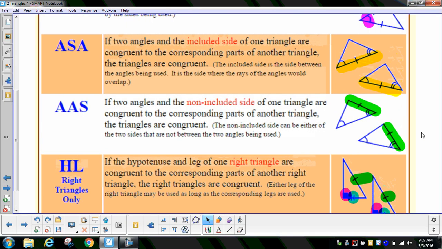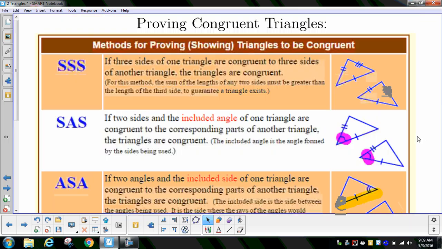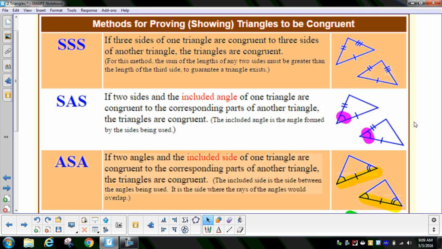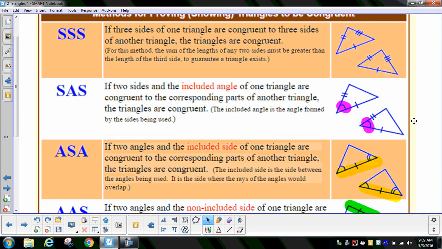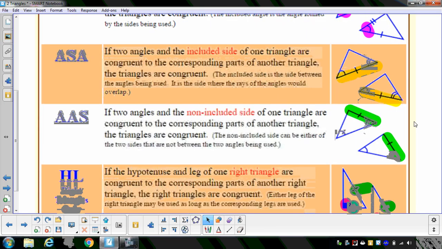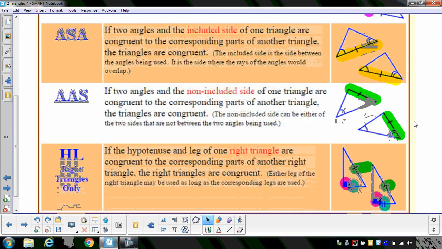So again, I would get the name of the theorem and then copy the picture. These are all the ways we can show that two triangles are congruent to each other without knowing every piece of the triangle. Very, very, very important information.